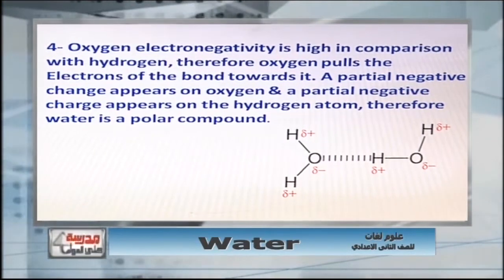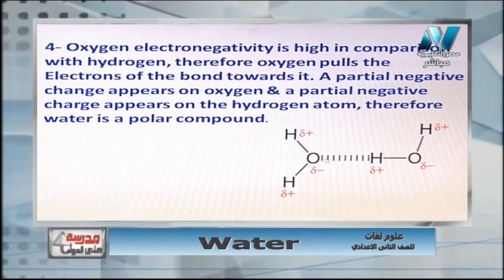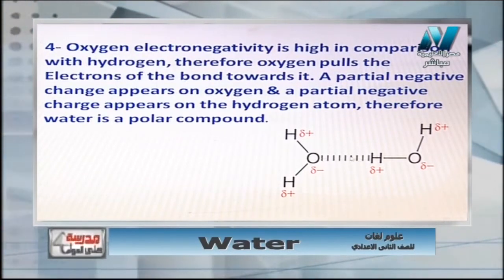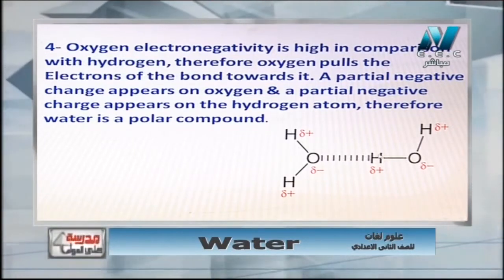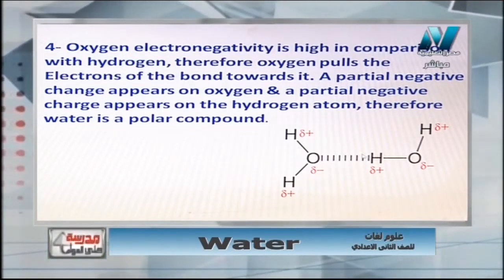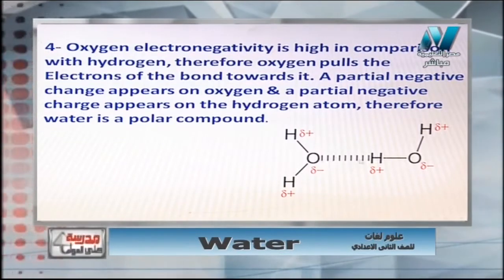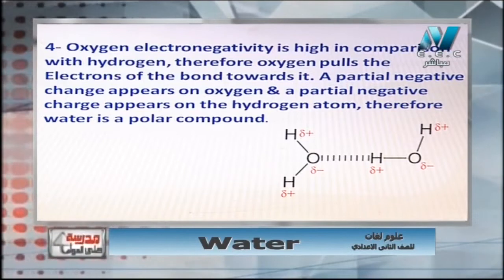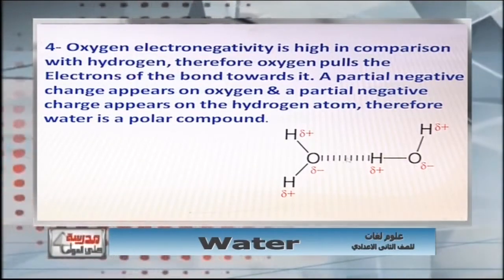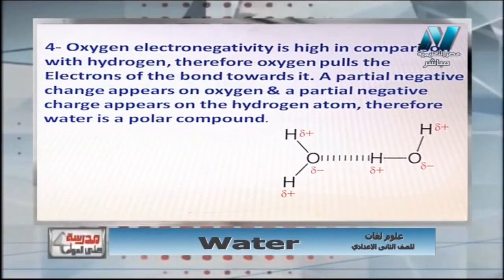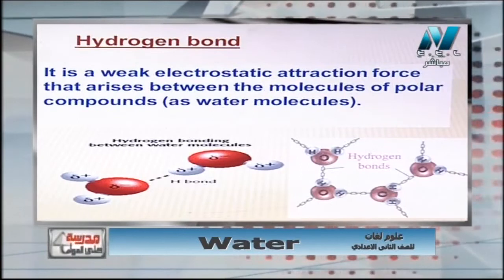When the oxygen has high electronegativity, as we see in the diagram, it tries to bond with the hydrogen atom of the other molecule. So it appears as a hydrogen bond, between this whole molecule and another molecule. Why the hydrogen bond? Due to the electronegativity of the oxygen.